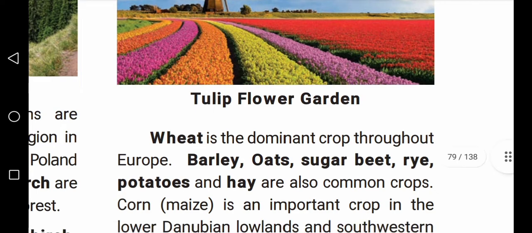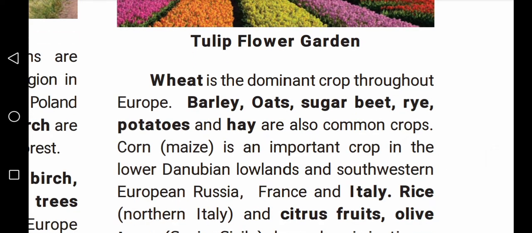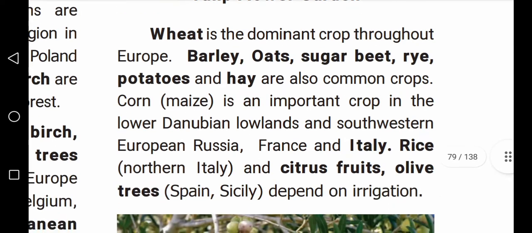Corn, also maize, is an important crop in the lower Danubian lowlands and southwestern European Russia. France and Italy, rice, that is northern Italy, and citrus fruits, olive trees, that is in Spain, Sicily, depend on irrigation. So these are all the things they cultivate in European countries.